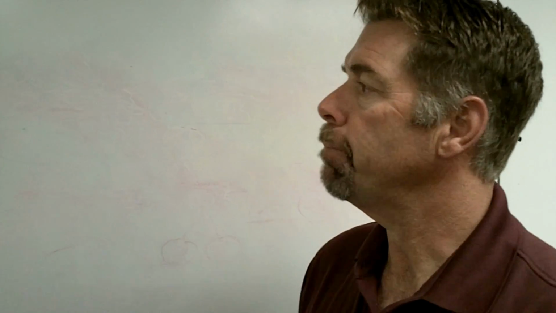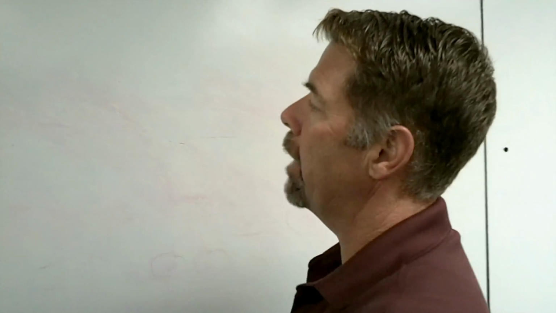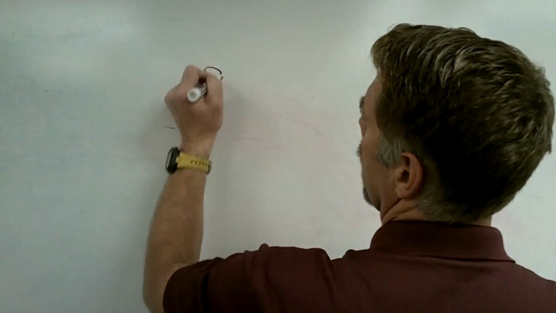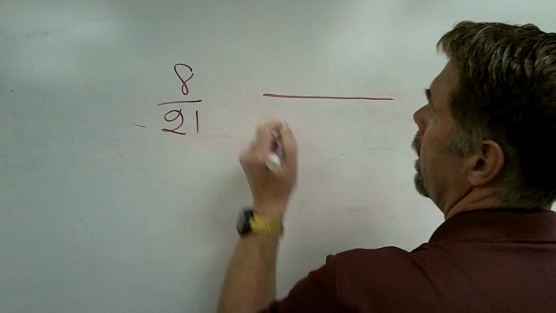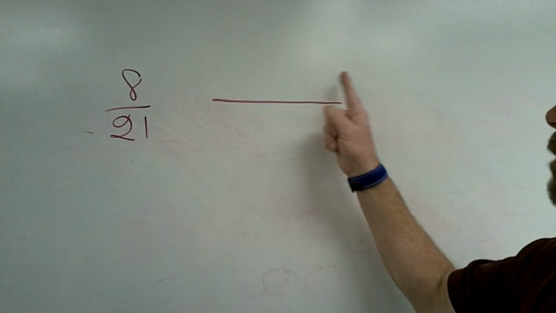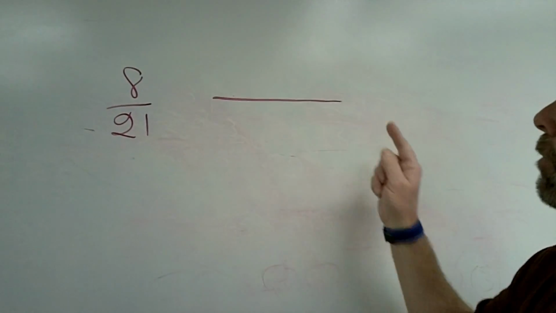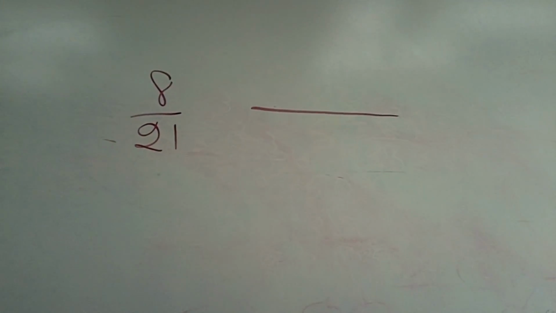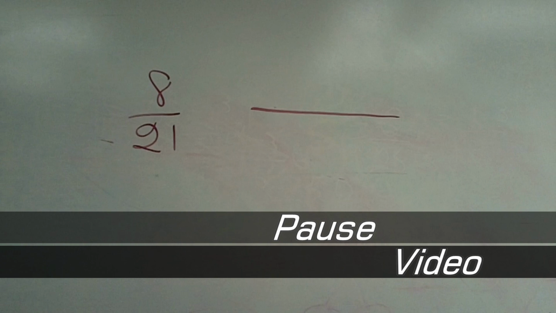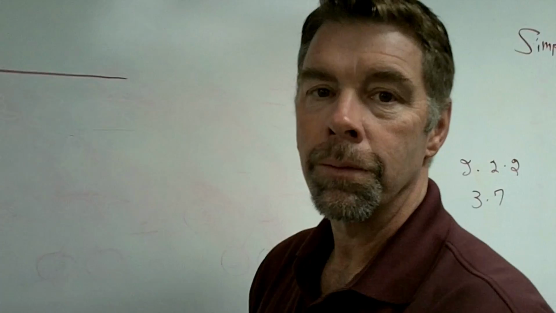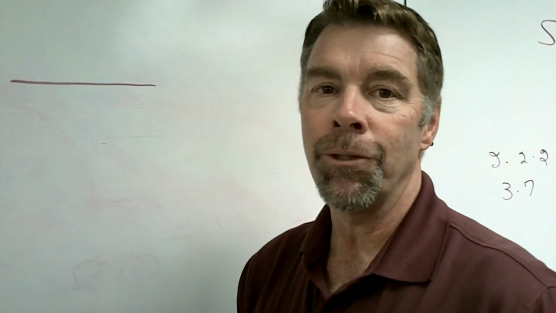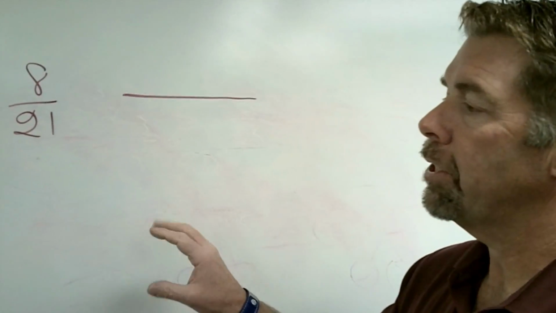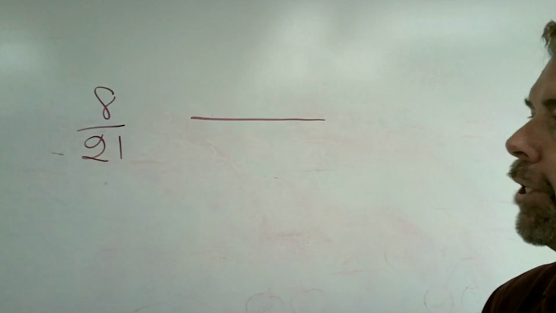Okay, so you use this method of factoring out to try simplifying this fraction. You're going to draw a line over here, and you're going to put the prime factors of 8 here and the prime factors of 21 there. Okay, so if you haven't figured this out, this is a little bit of a trick. And one of the neat things about this is you know when you're done.